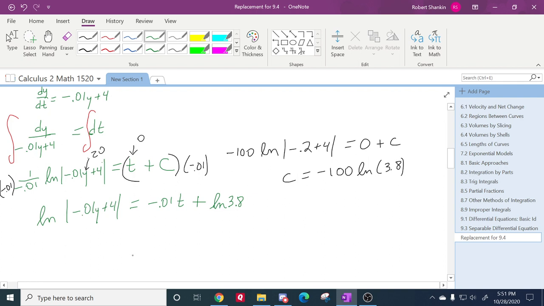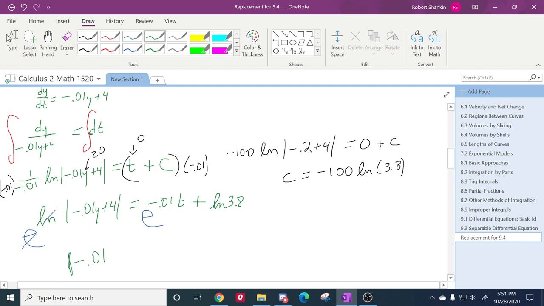Alright, and then I'm going to get the y all by itself. I'm going to put a giant E underneath both sides so that these cancel out. And I'm going to get this.